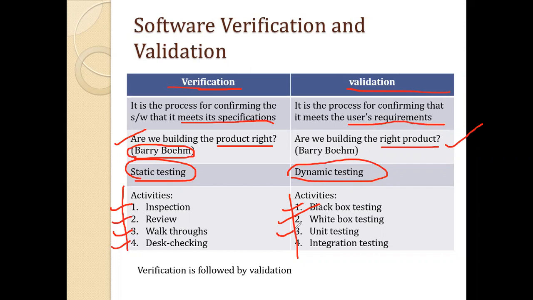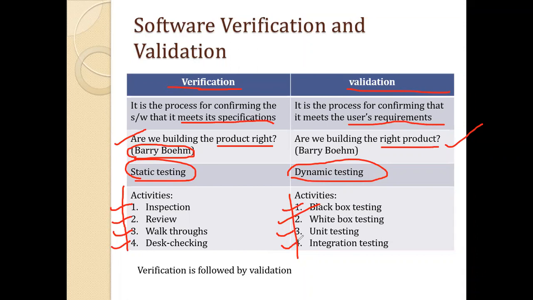Okay, we can say that one particular part, and such some parts together may create one particular module. So you are going to check your software unit by unit. So that activity also will be carried out under validation. And again, the integration testing.